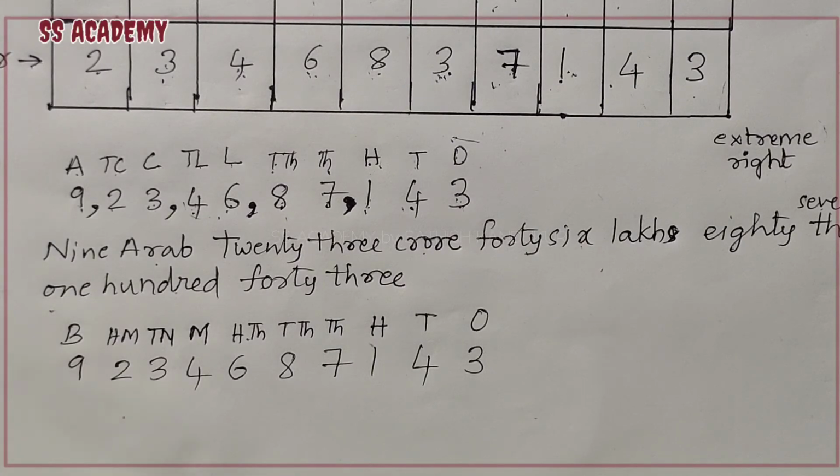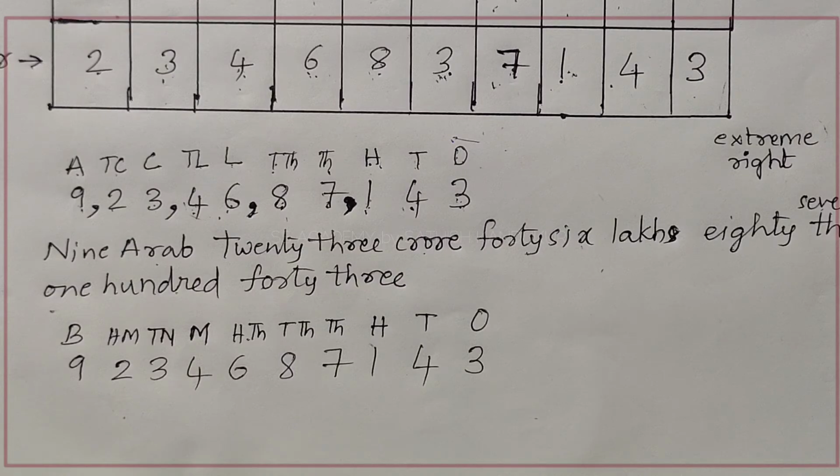After writing the place values, the second step is to write commas as separators. In the Indian system we give a comma after 3 digits, and after that a comma after every 2 digits.